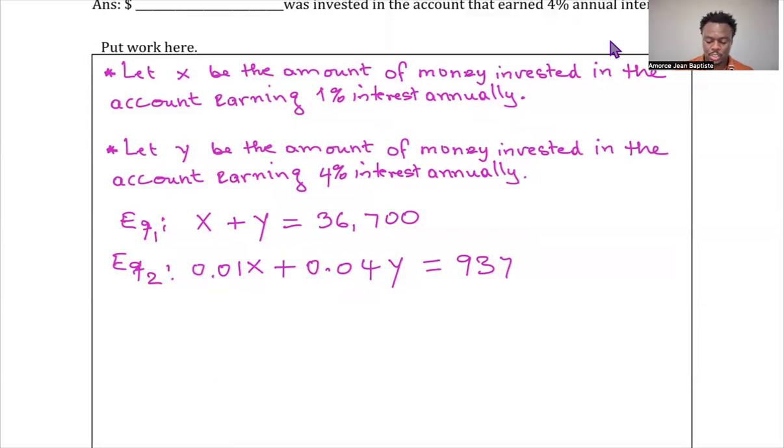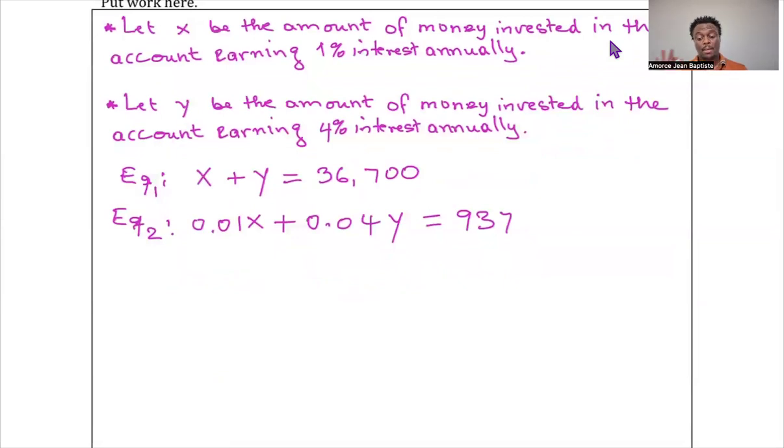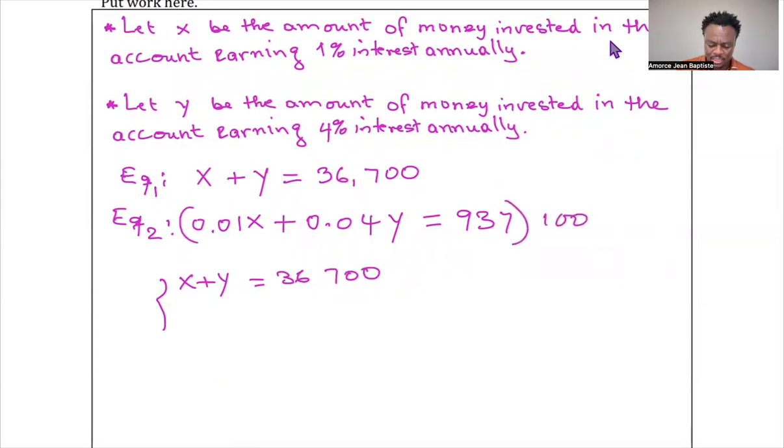Multiplying the second equation by 100 and keeping the first equation the same, I create the system: x plus y equals 36,700, and then the second one, when we multiply by 100, will be x plus 4y equals 93,700.